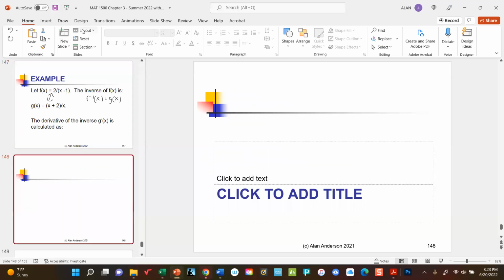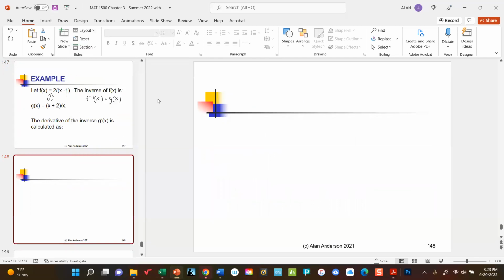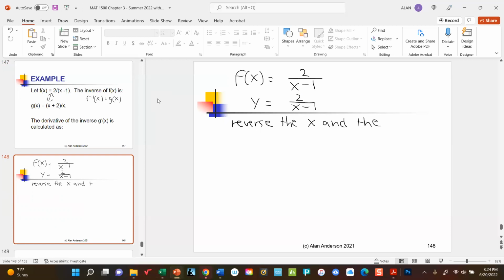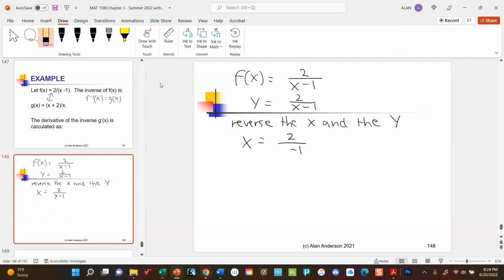So if we started out with f of x equal to 2 over x minus 1, what we can do is rewrite this as y equals 2 over x minus 1. And then what you're actually going to do is reverse the x and the y. So you'll have x equals 2 over y minus 1. And then we'll solve for y.